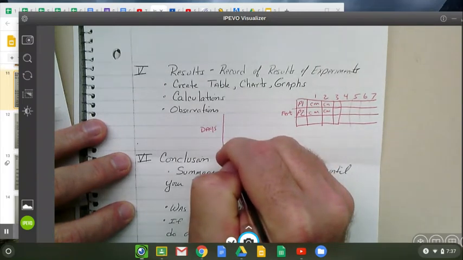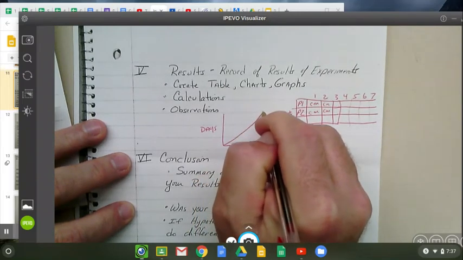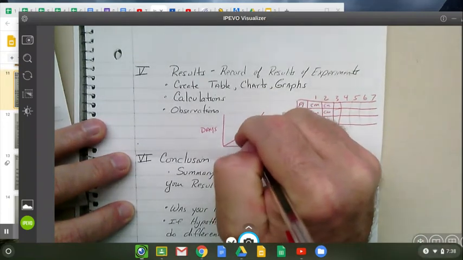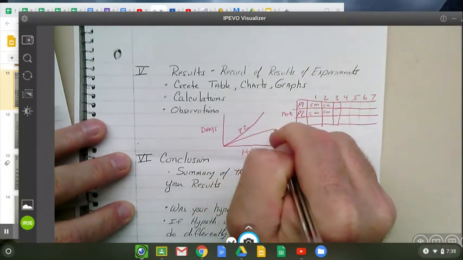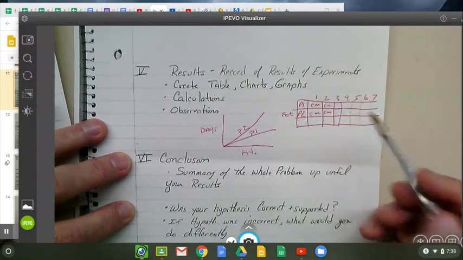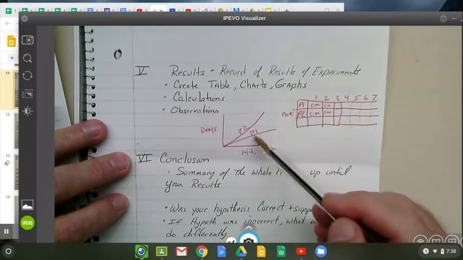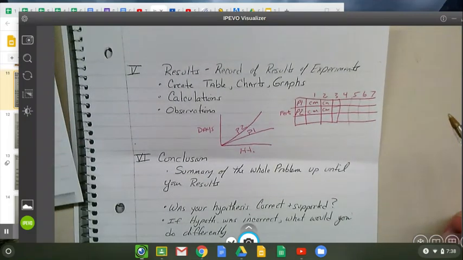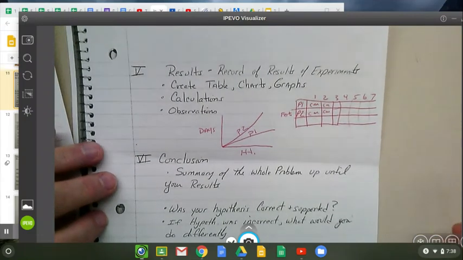And then the one with the fertilizer, we might have seen this kind of growth. So this was plant 2, and then maybe plant 1 just didn't grow as much. So we can set up either a graph or a table. And next week, we're going to get into a little bit more graphing. All right. So that's what you do in step 5.